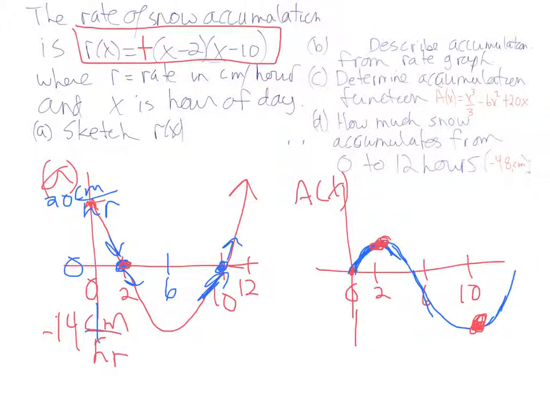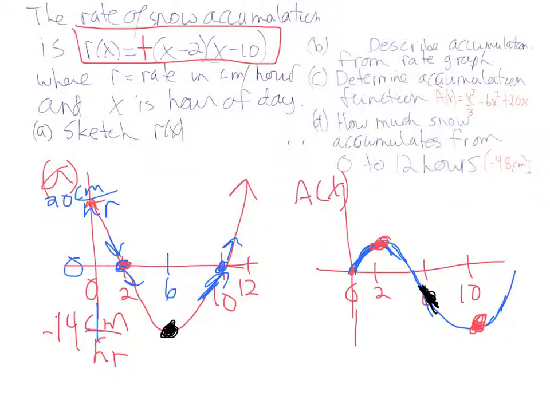Now the other thing to think about is, what does this point here mean? That right there, when you have a minimum or a maximum. Well, in our case, that's absolutely the fastest rate at which snow is melting. So if that's when the snow is melting at the fastest rate, let's take a look over here. That seems to occur at 6. What do you notice about the accumulation graph? It's probably when it's at its steepest point, right?